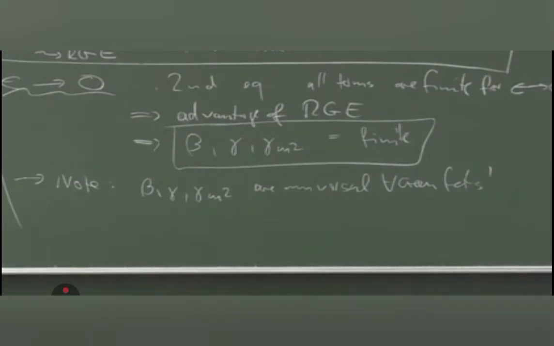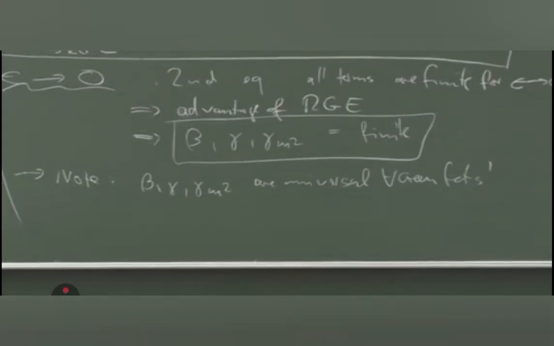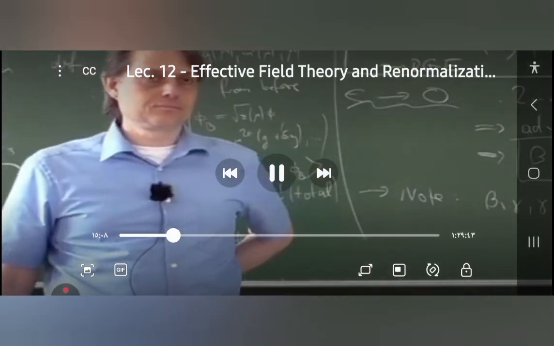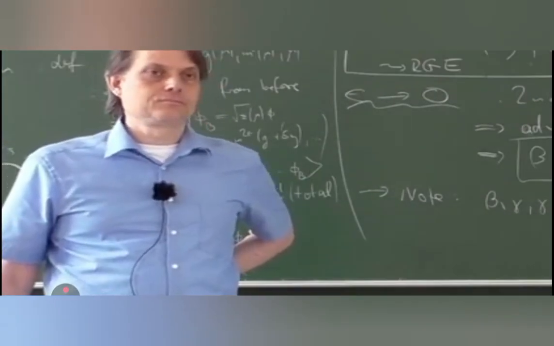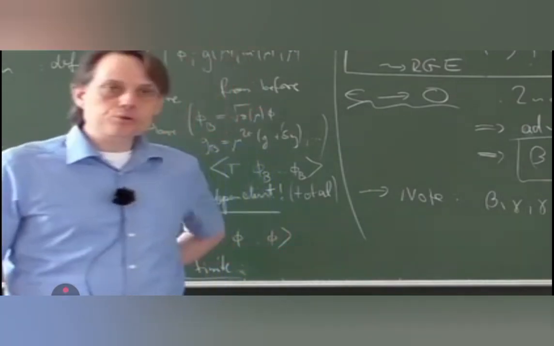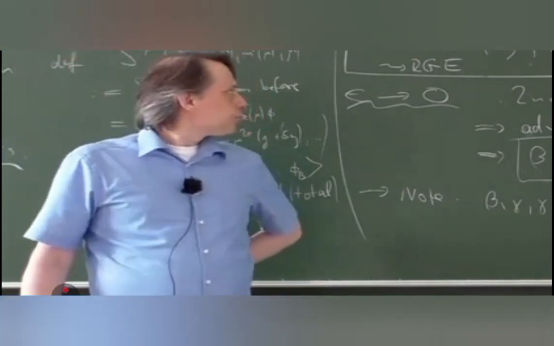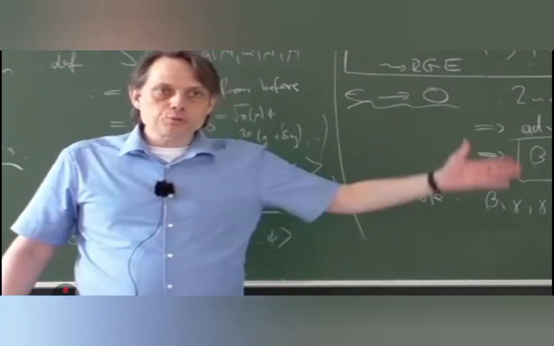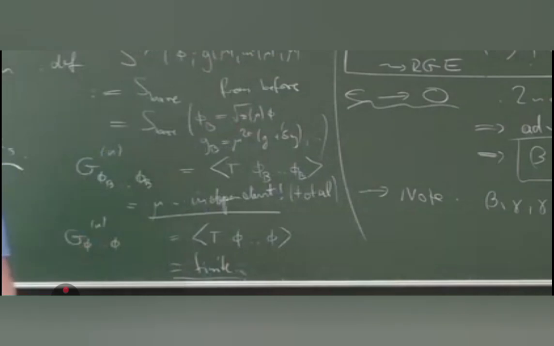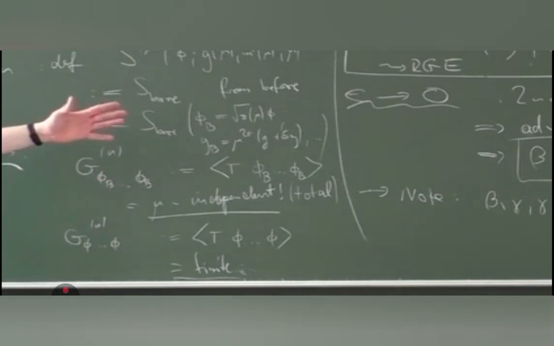Okay, any questions on the renormalization group equation? Yes. So if you would have to make a change in the scale of the theory, you would need to integrate. Yes, that would be the procedure. Yes, indeed. There are sometimes also other ways, but indeed that would be the most straightforward thing to do. Yes. So there would be in general one beta function for each parameter of the theory, or one gamma function.